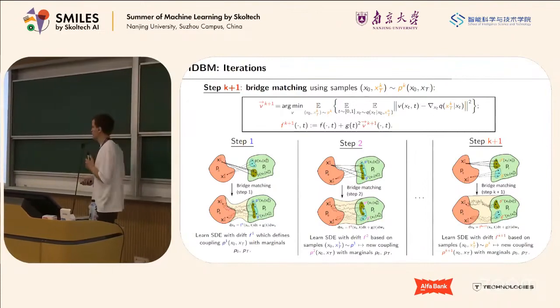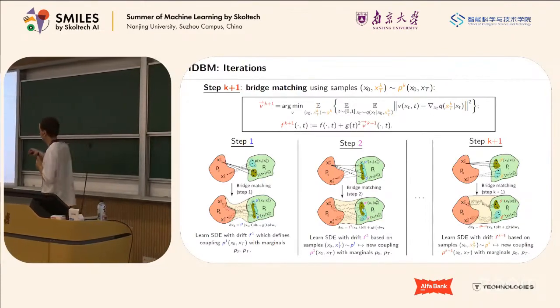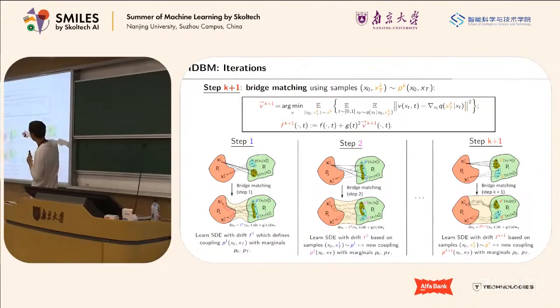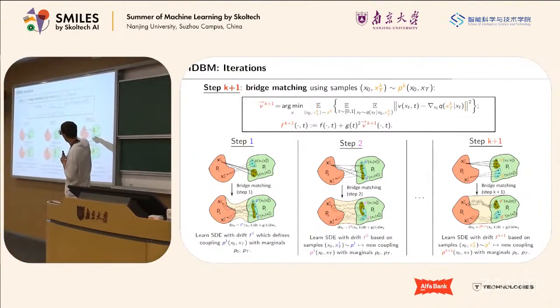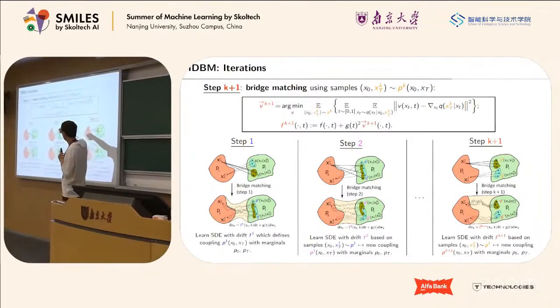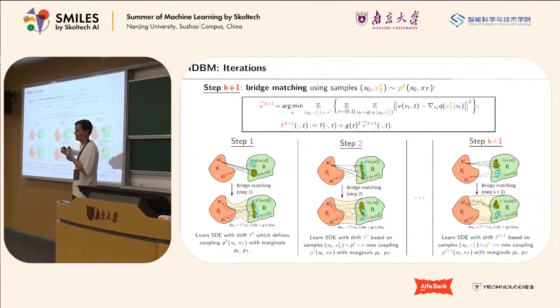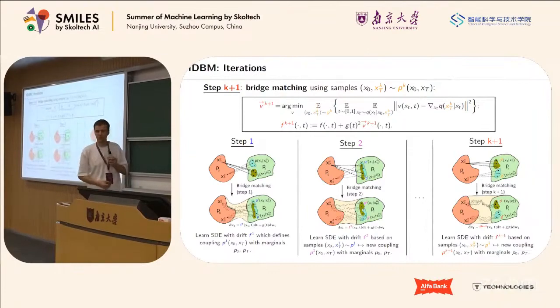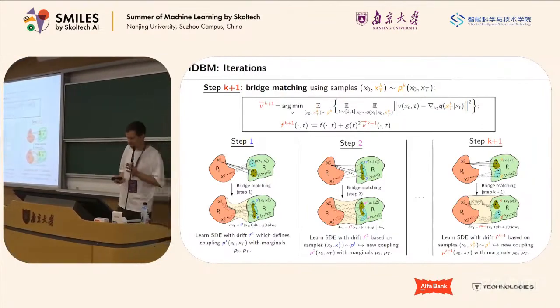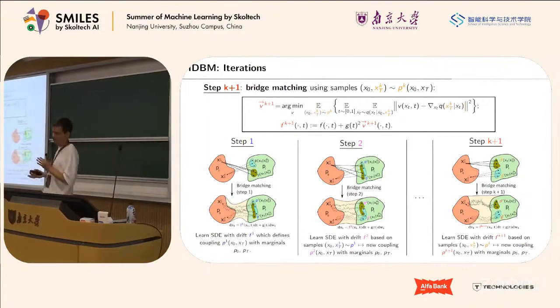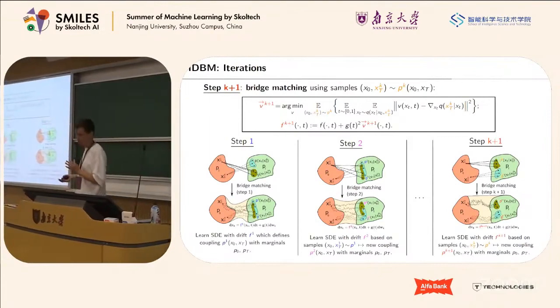To train the next model, you need to change the input distribution which you put into your training. Now the distribution becomes the distribution obtained by the previous model. To simulate samples from this, unfortunately, you need to unroll the entire previous diffusion process, like in flow matching.